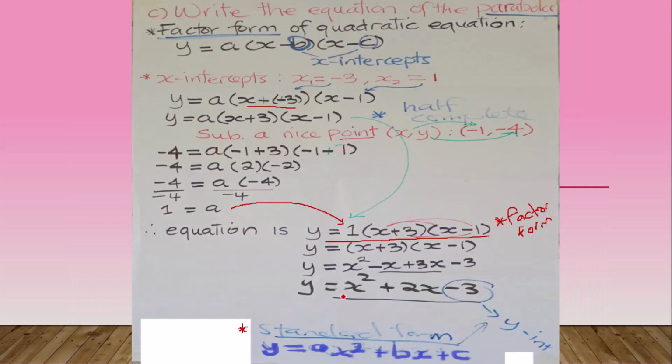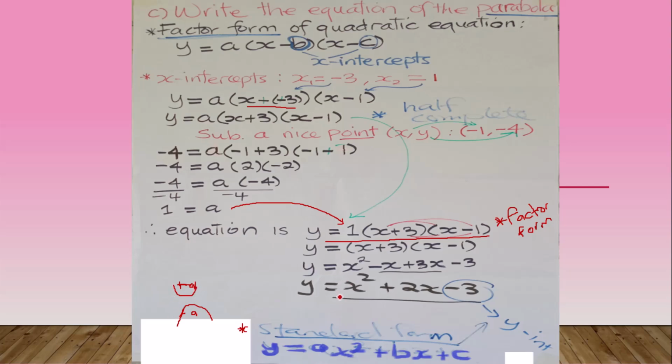Another check. The coefficient of x squared, which is the a value, also tells us something about the graph. If it is positive, the graph will open upwards, and if it's negative, then the graph will open downwards, or it will continue to extend downwards.